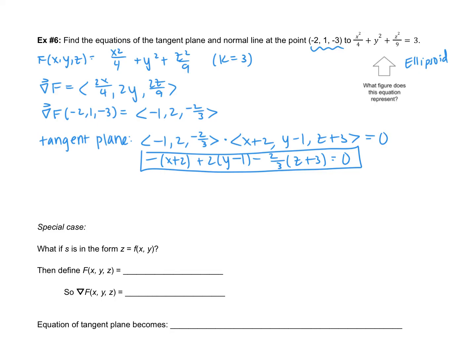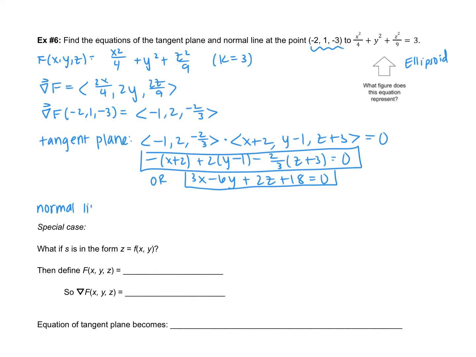Or if we want to put it in standard form, make it a little bit nicer, put x, y, and z on the same side, get rid of that fraction. This can also be expressed as 3x, subtract 6y, add 2z, add 18 equals 0. So that's our equation of the tangent plane.